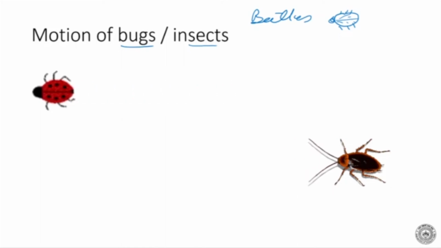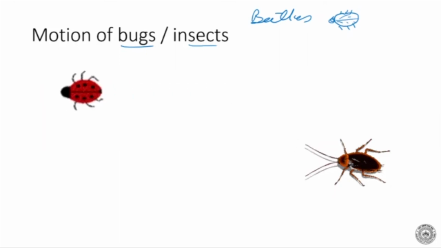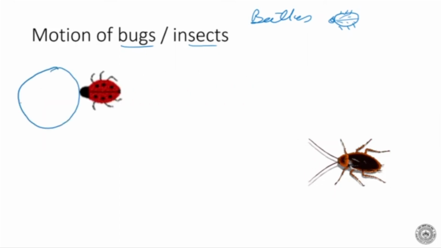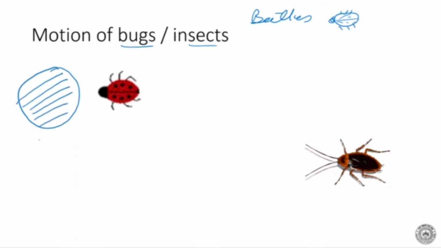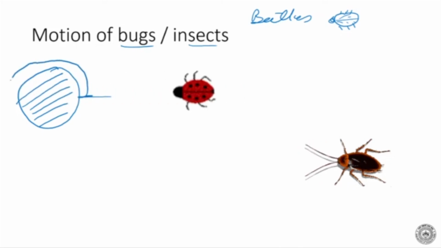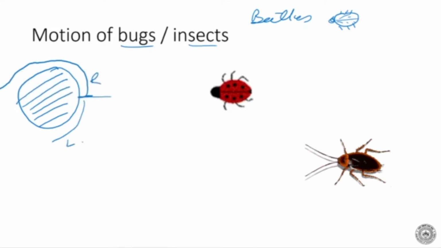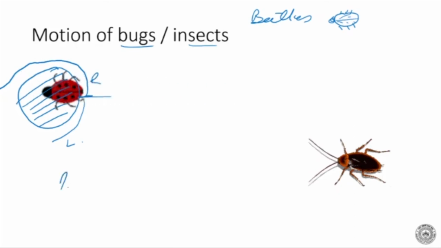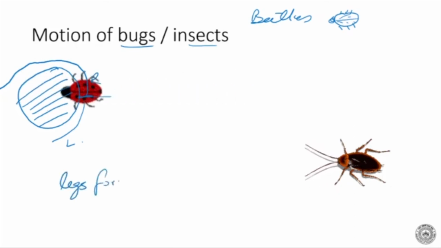Now, I'm sure you must have observed that the insect is going straight. Now, suppose there is an obstacle here. What it will do is basically, after it hits the obstacle, or even before it hits the obstacle, it will try and bypass the obstacle like this and go from the other side. So either it will go on the right side or it will go on the left side, right? Now, what we are seeing is that it has legs for motion.